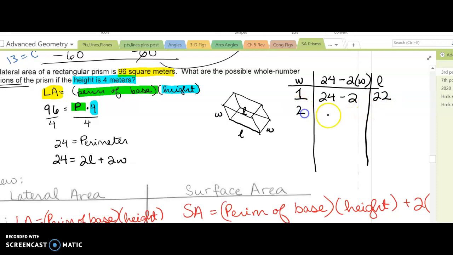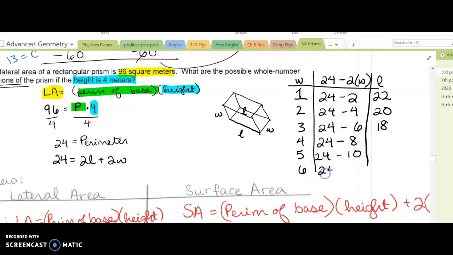Or what if it's 2? Then you could have 24 minus 4, in which case you would have 20. Or if it's 3, you could have 24 minus 6, which is going to give you 18. And we can keep going here. 24 minus 8, 24 minus 10, 24 minus 12.